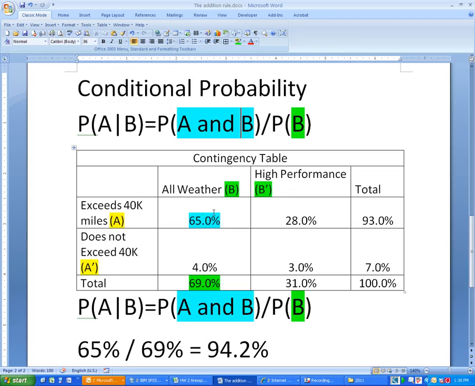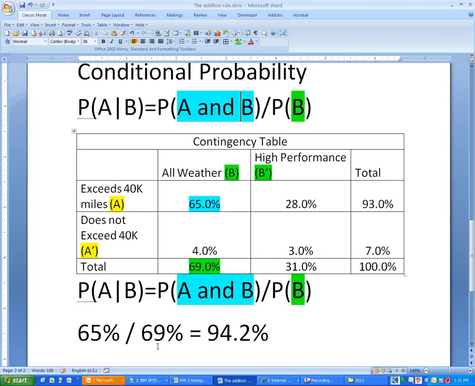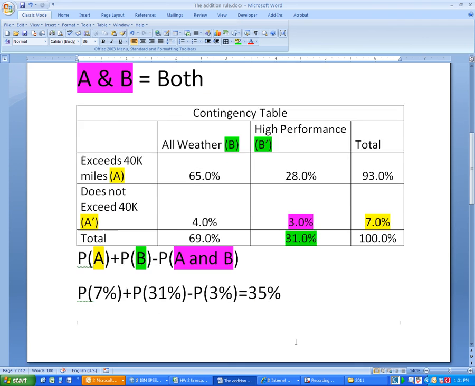That's our 65% here. So we would just plug that number into our formula. And then the probability of B is 69%, because all we're interested in is whether or not it's an all-weather tire. So you just simply do the math. 65% divided by 69% equals 94.2%.